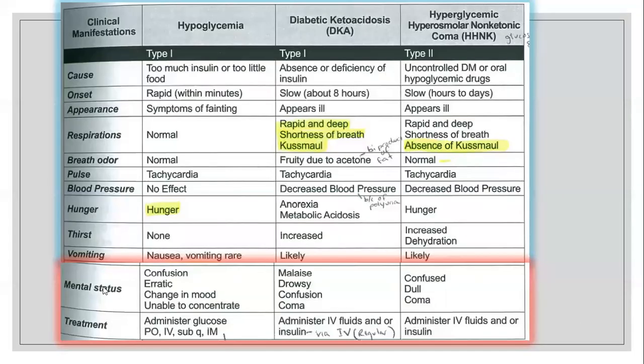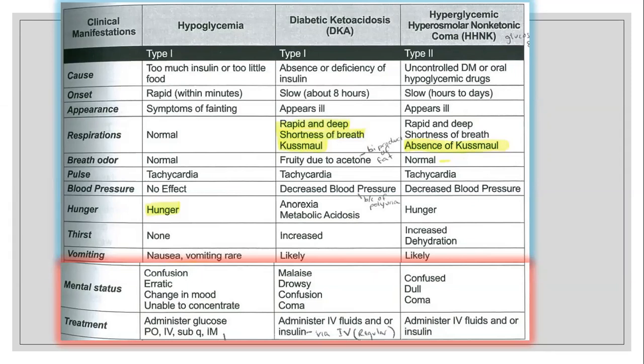Here we are going to focus on a few more points about type 1 and type 2 diabetes. Clinical manifestations of type 1 and type 2: if a type 1 patient has a complication, the patient tends to develop either hypoglycemia or diabetic ketoacidosis.